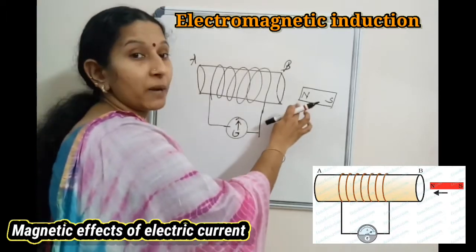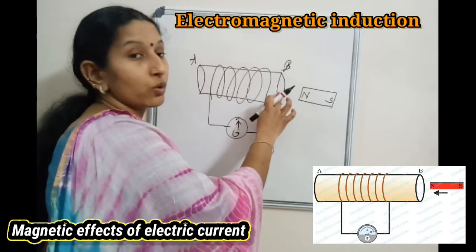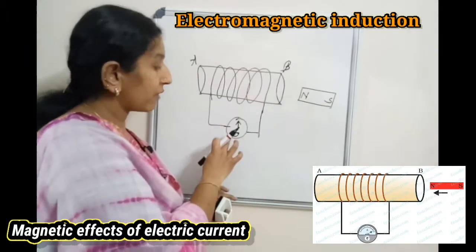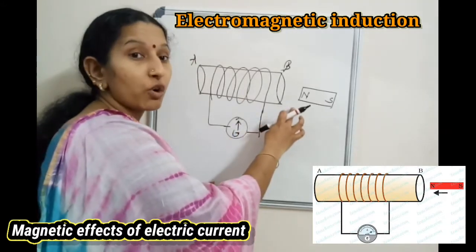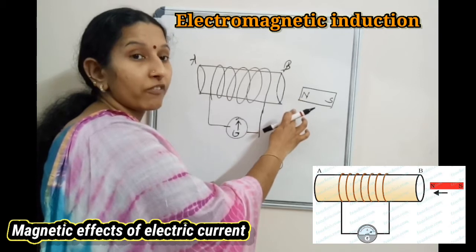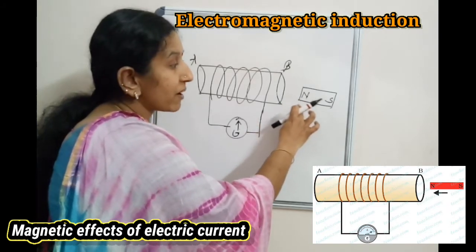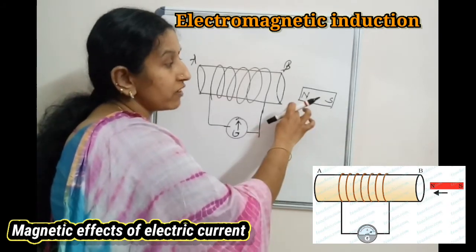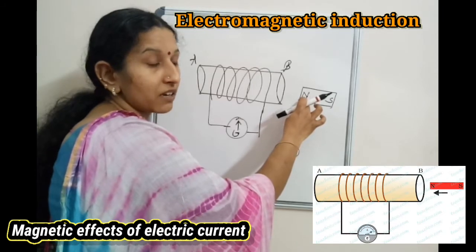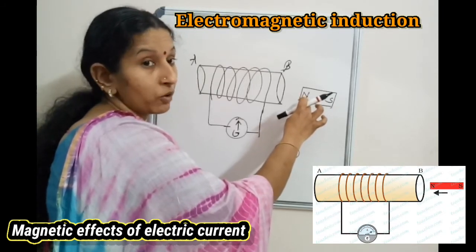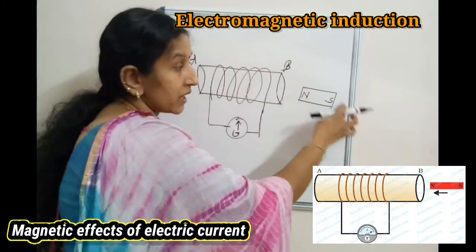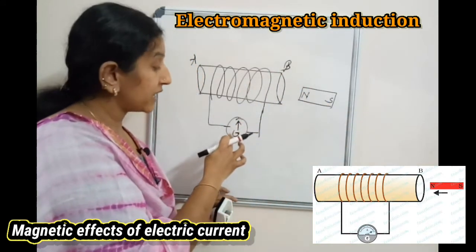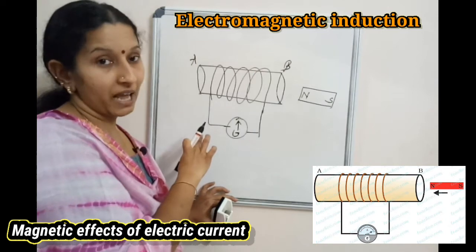So when we show the north pole of the magnet towards the coil B, the galvanometer needle deflects towards right. When we withdraw the north pole of the magnet away from the coil, the galvanometer needle deflects towards left.